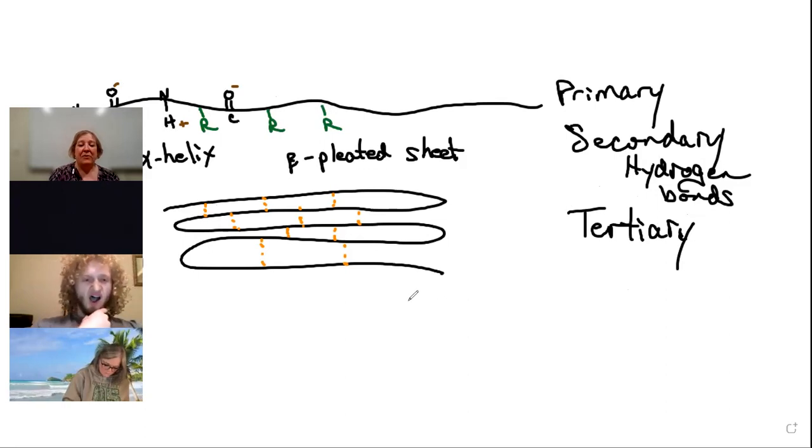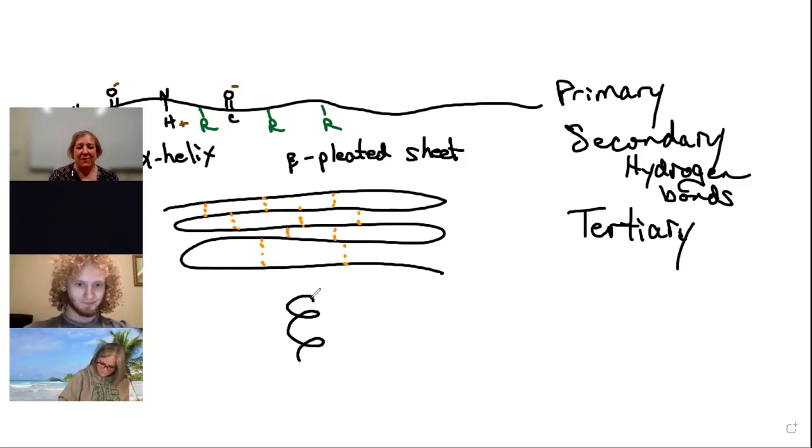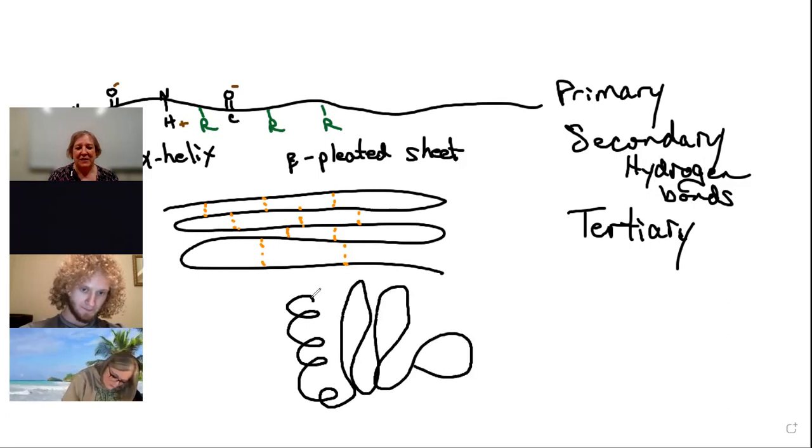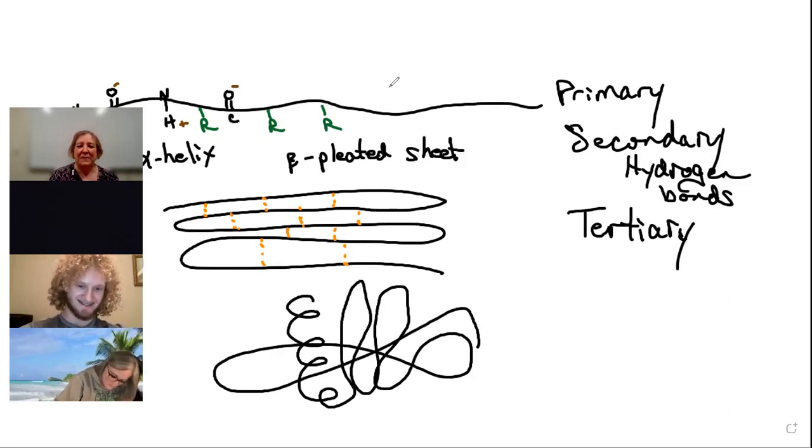So I'm going to continue to fold things. Let's say I've got an alpha helix and I've got some beta pleated sheets, and I'm coming back around and doing all sorts of flippy fun things. If I have a side chain that has a negative charge, and over here I've got a side chain with a positive charge, they're going to be attracted to each other.